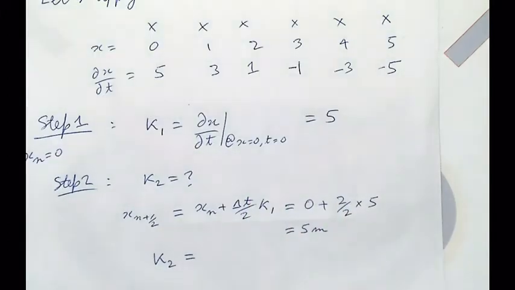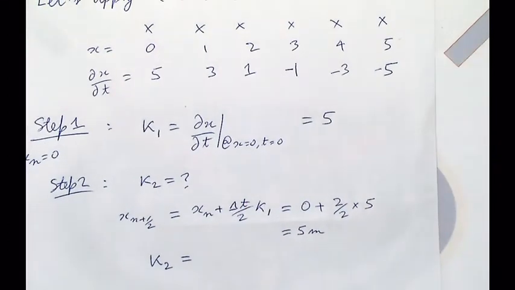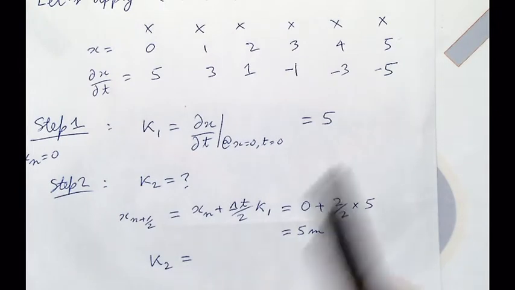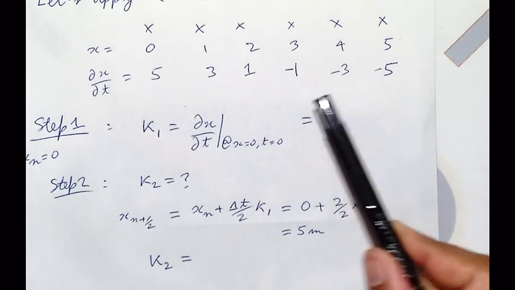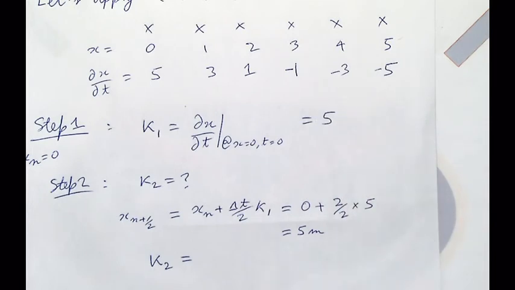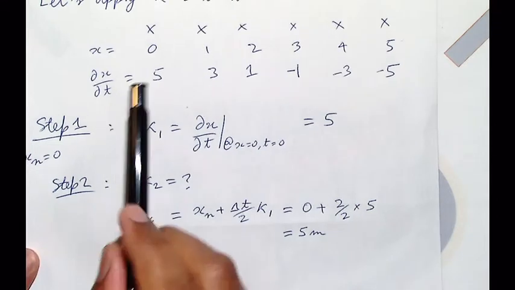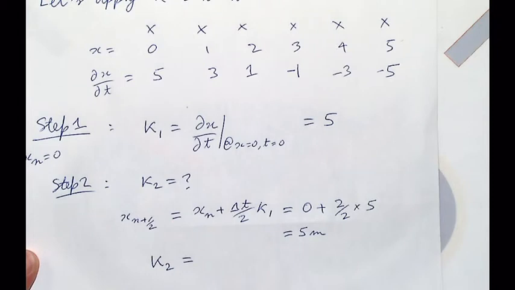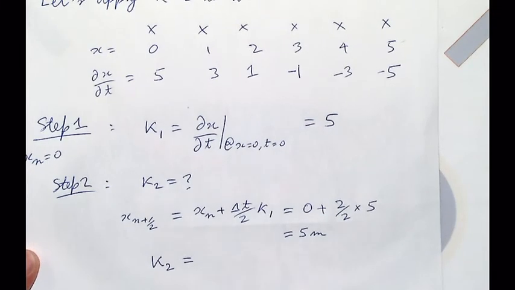So from our data, what should K2 equal? 4? You're saying 4, why 4? Between 0 and 1. Is it 5, -5? It's -5. Yes, it's -5.